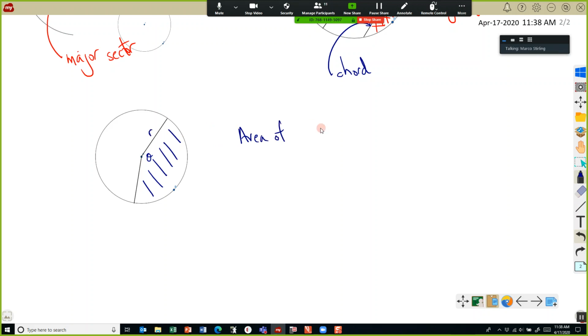We'll call it... Yep. And so what is the area of a circle? What's the formula? Okay. And if I want this fraction of a circle, how do I work that out?